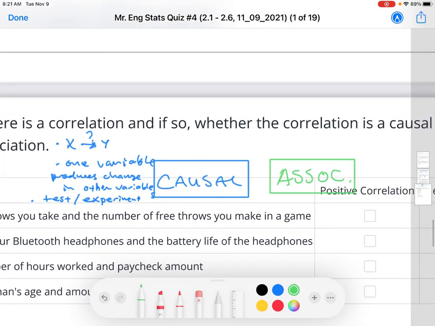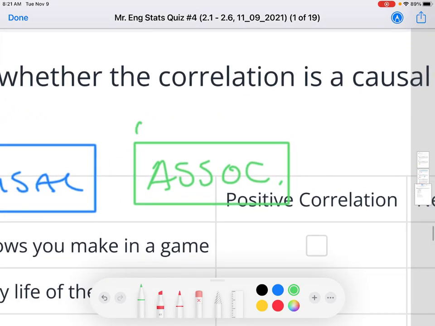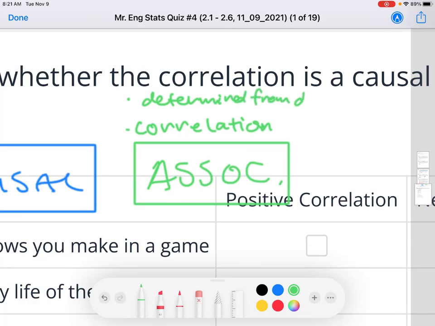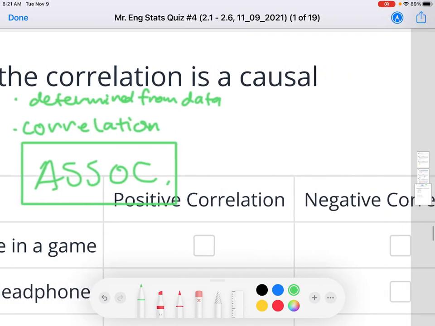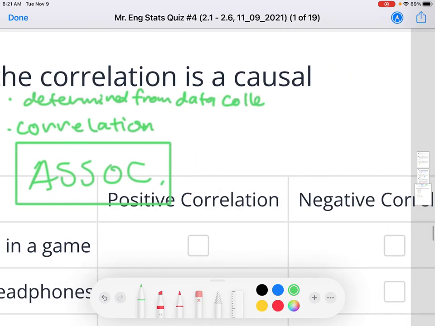For association, it's just another word for correlation. It's determined from data collection, not in a controlled experiment.